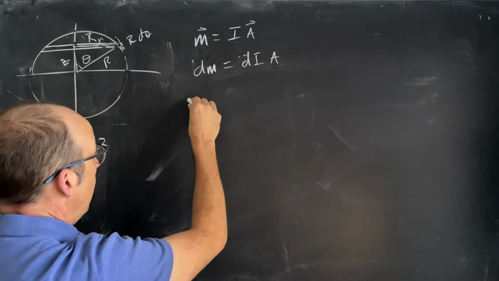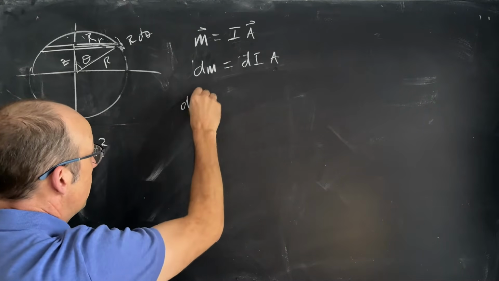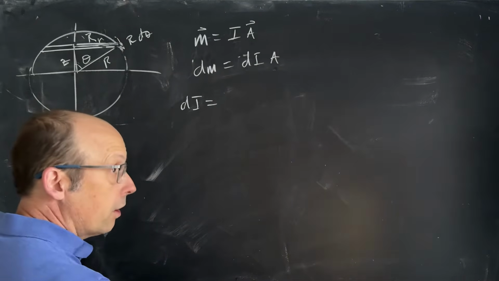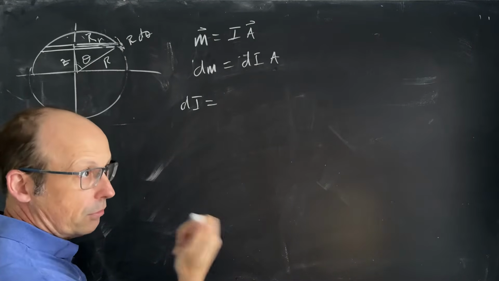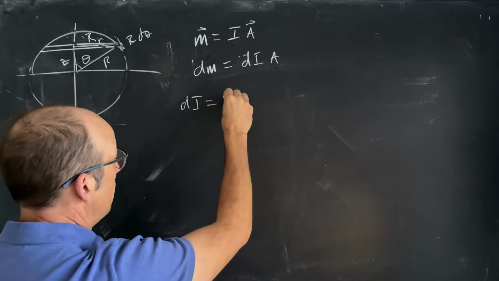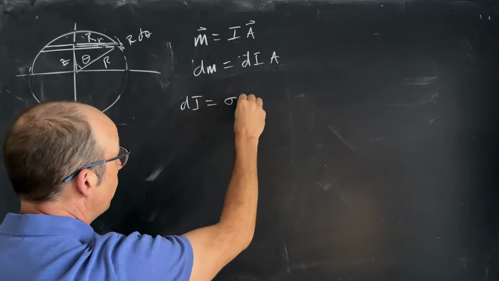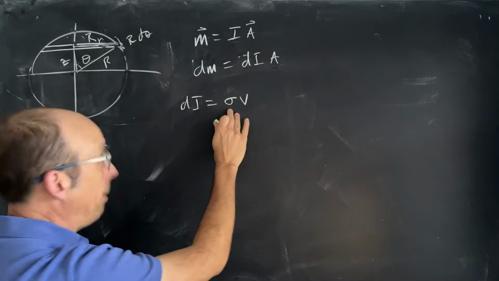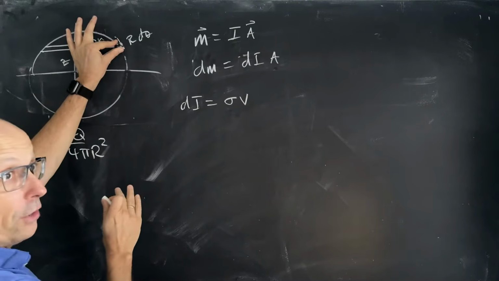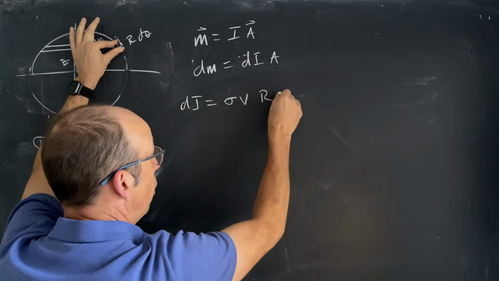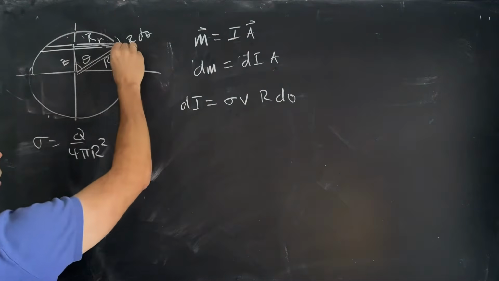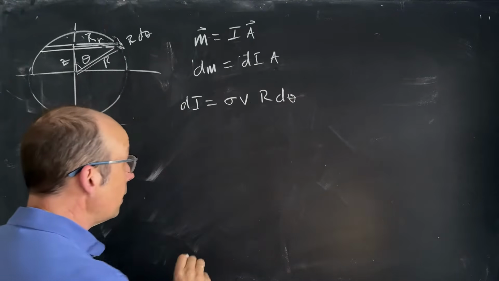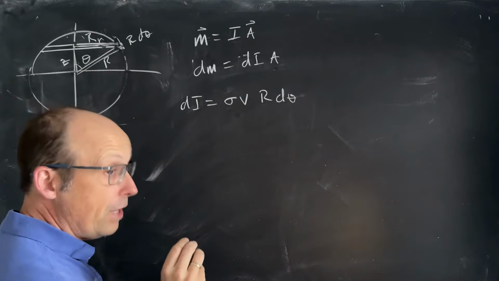And then di is going to be equal to the surface current density, which is current per length. So that's going to be equal to sigma v. And then I have to multiply that by the length that it passes through. So what's the length of this little piece right here? Well, the length of that piece is r d theta, right? Because this is r, and d theta is my integral that way. Now I just need to get an expression for v.